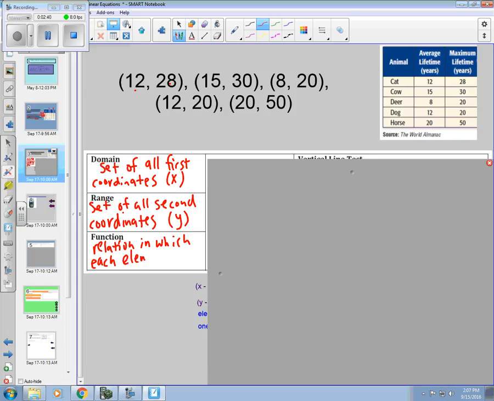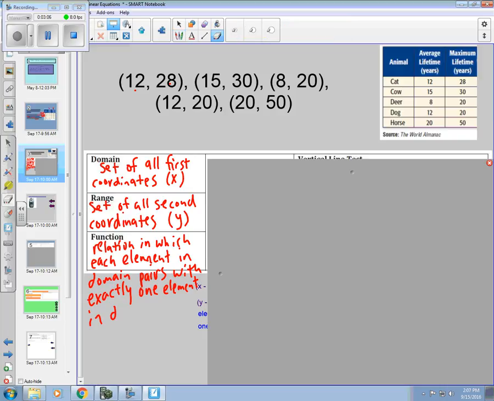Each element in the domain, that's our x's, pairs with exactly one element in the domain. Or sorry, in the range. We already used domain. In the range, our y values. It's kind of a lengthy definition, but for a function, each element in the domain pairs with exactly one element in the range. Let's look at an example of what that would look like.